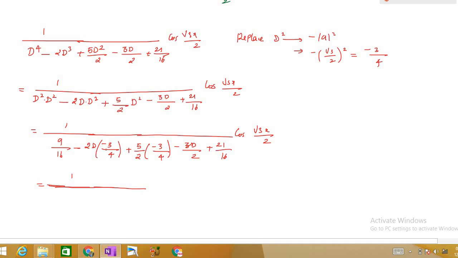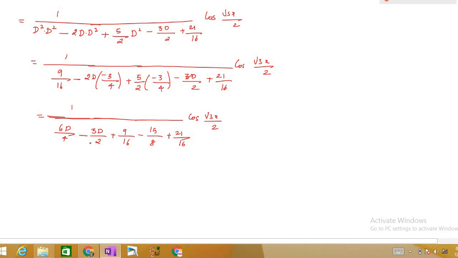So you can see this will be plus 6D by 4 minus 3D by 2, and to collect the constant term you will have 9 by 16 minus 15 by 8 plus 21 by 16, into cos root 3x by 2. Now you can see the denominator becomes 0.